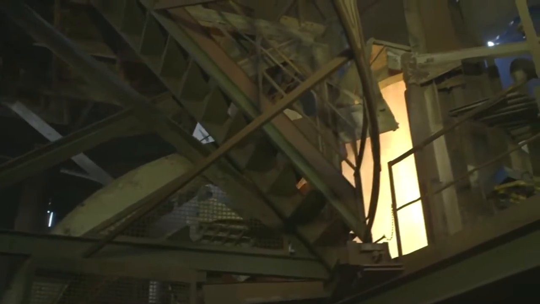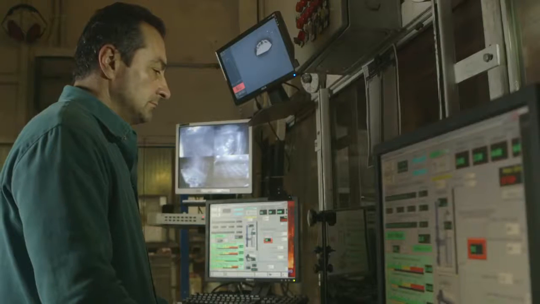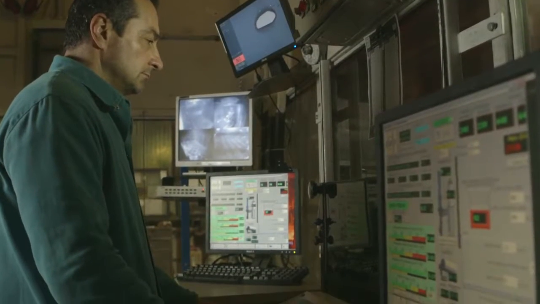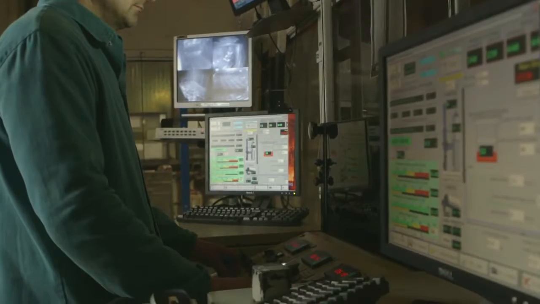Inside the cupola furnace, the temperature reaches over 1,400 degrees to melt the raw materials and obtain cast iron, i.e., an iron and carbon metal alloy.